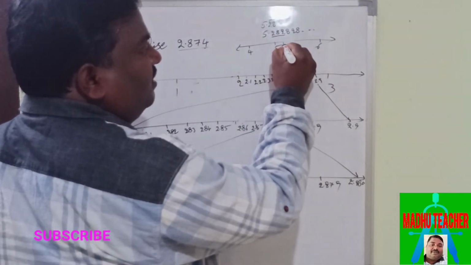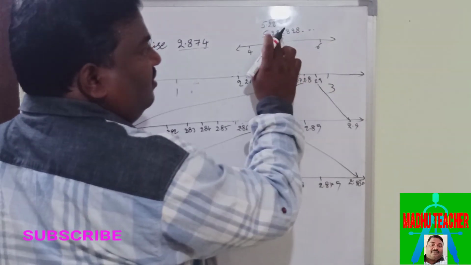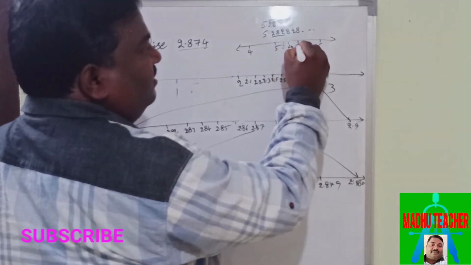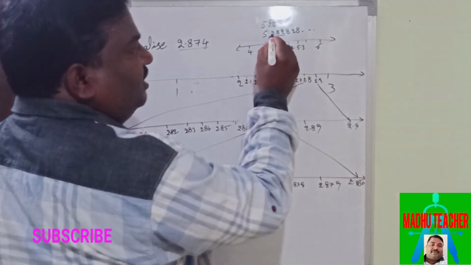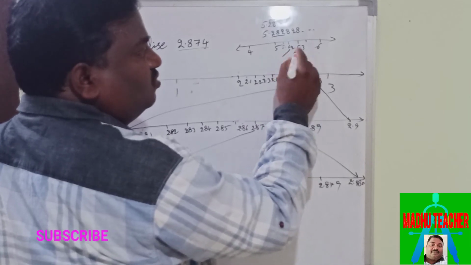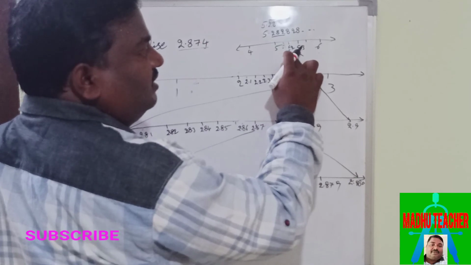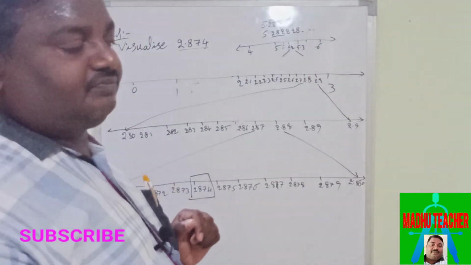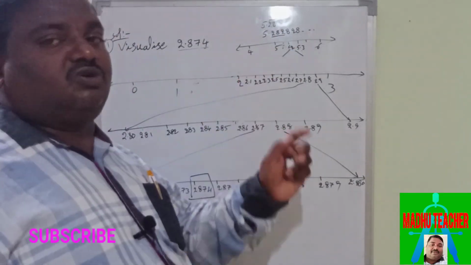In between we have 5.1, 5.2, 5.3, 5.4 up to 5.9, 6. Then 5.28 lies between 5.2 and 5.3. In between these two we will have 5.21, 5.22, 5.23 like this up to 5.29. Again, by enlarging you can get this. That you have to do on your own.